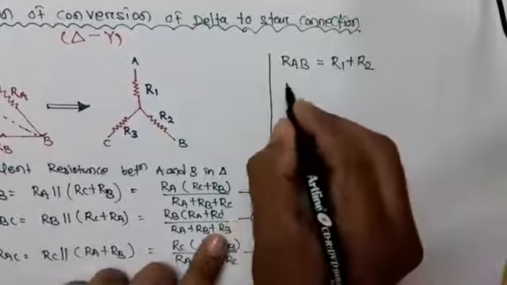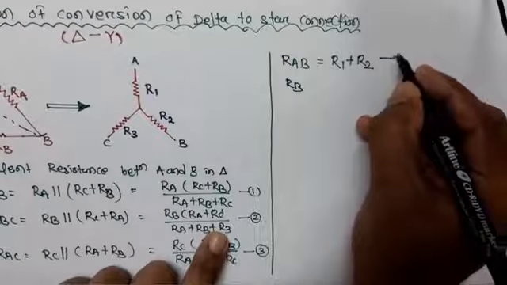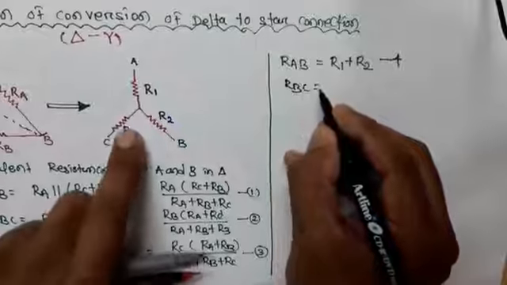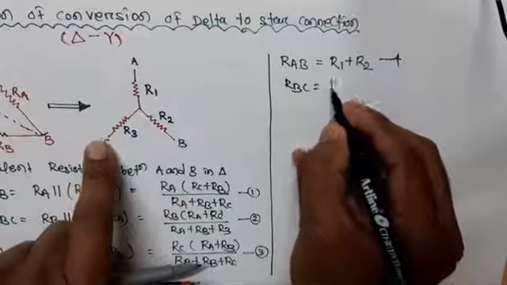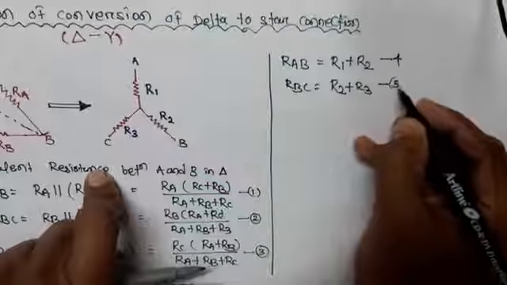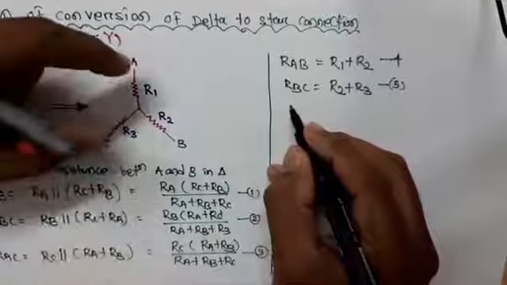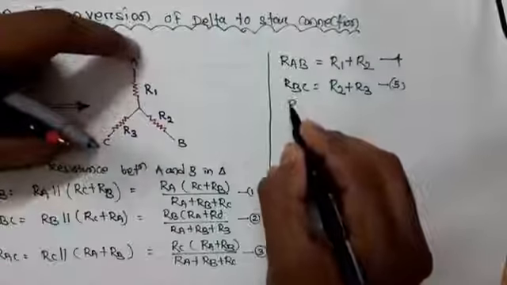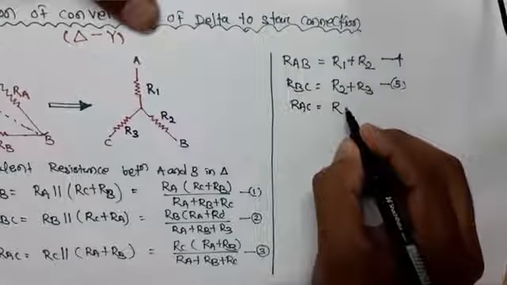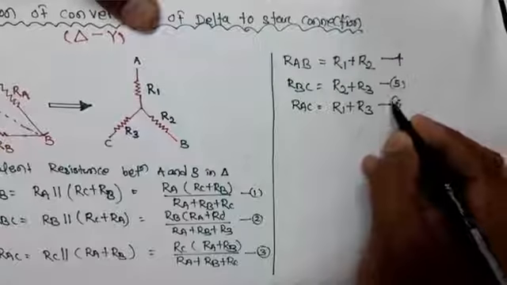This is equation number 4. Then RBC equals R2 plus R3. This is equation number 5. Then RAC, the resistance across this, equals R1 plus R3. This is equation number 6.